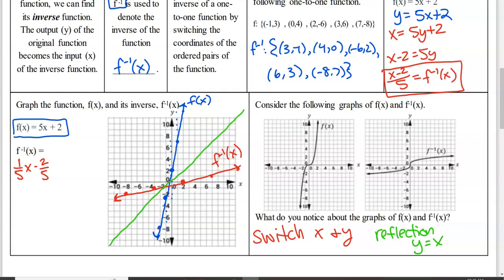If I folded my paper across the diagonal of y equals x, it is symmetric, which makes sense, right? We're switching the x's and the y's. If I took that and reflected it over the diagonal, you would get this inverse function on this side.